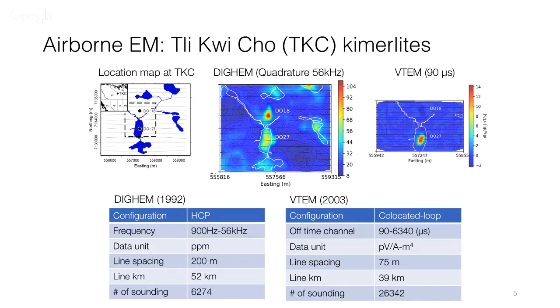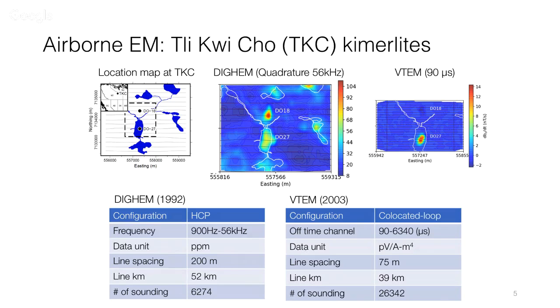So here was the frequency domain system, and what we're looking at here is apparent conductivity. This region up here, DO18, is a very conductive pipe, and this region is also conductive but lower. That identifies a couple of pipes, so people got excited about that.